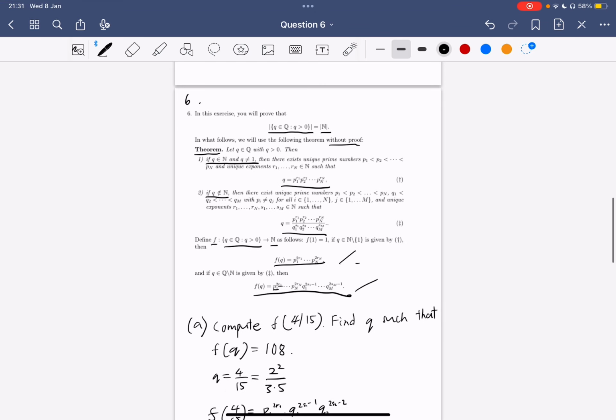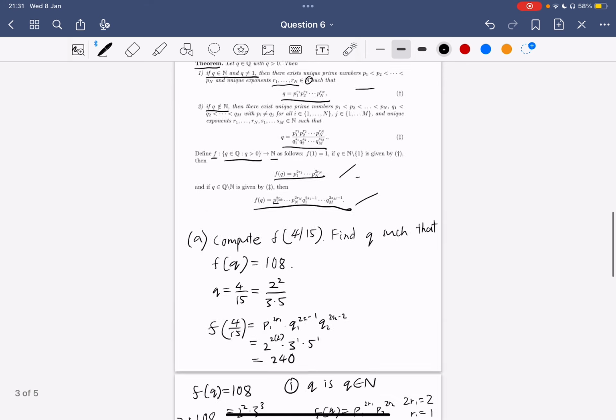So this gets mapped to this, and the exponents r have to be natural numbers.